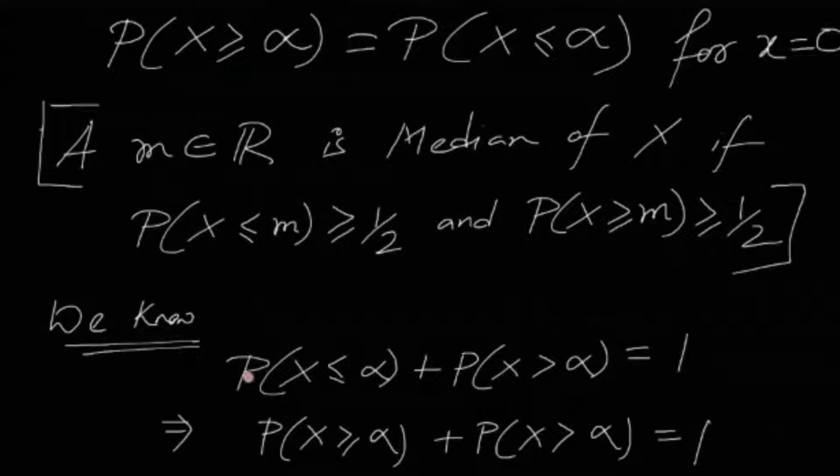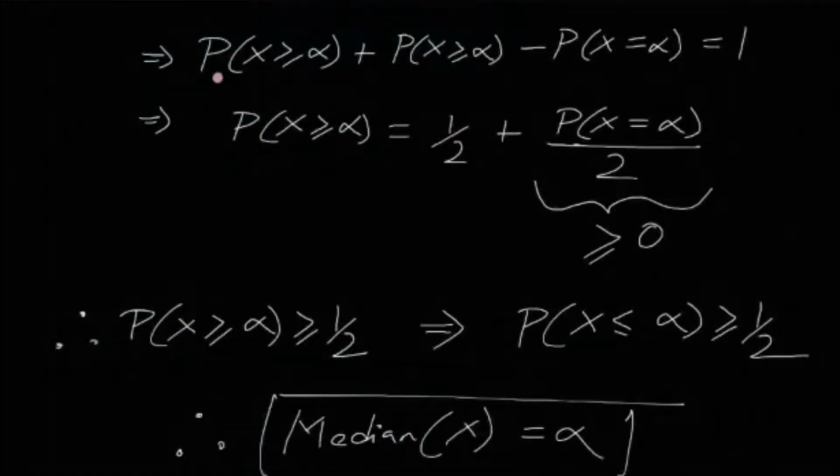Now we know that probability x less than equals alpha plus probability x greater than alpha is 1, right? Now we are just replacing using the given condition. So probability x less than equals alpha becomes probability x greater than equals alpha, and the remaining is the same, plus probability x greater than alpha equals to 1.